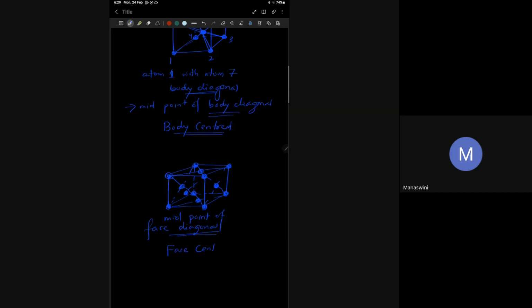Now the difference between face centered and base centered is, in base centered, there are atoms only on two faces, whereas in face centered, there are atoms on all six faces. Okay, clear?